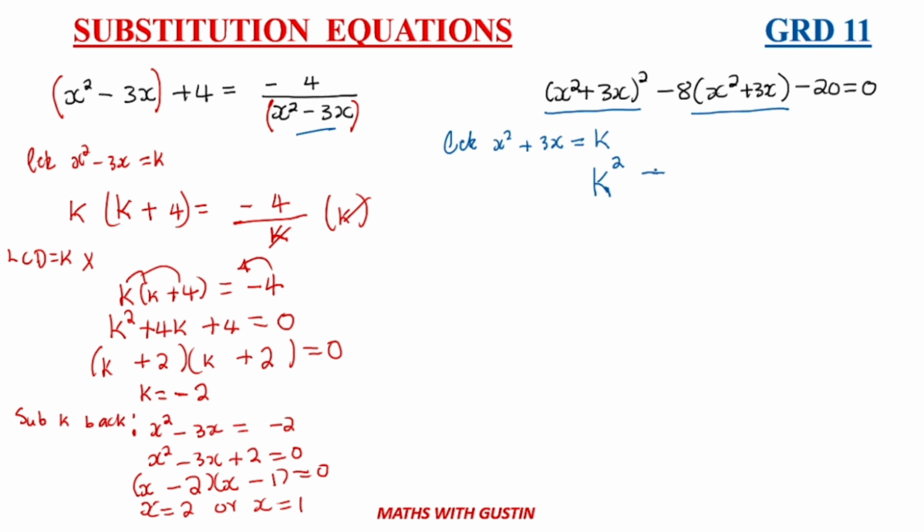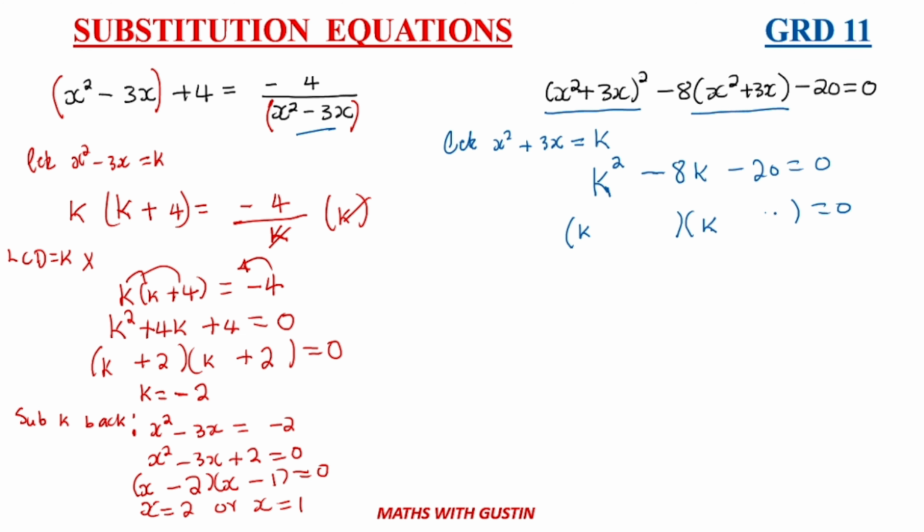So we have got -8 here, and here we are putting k. I wanted to put a bracket again. The -20 is equal to 0, so right here we're going to have to factorize this trinomial. You're going to have k there, and another k there. What are the two numbers that when you multiply them together give us 20?